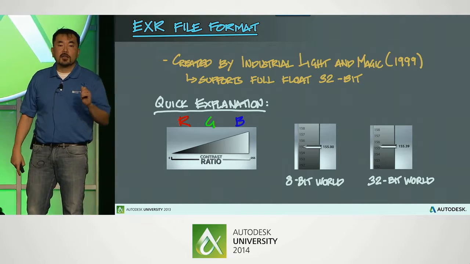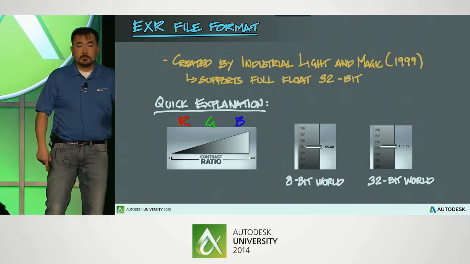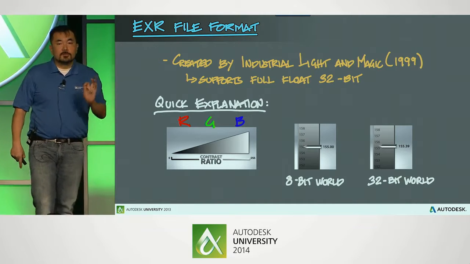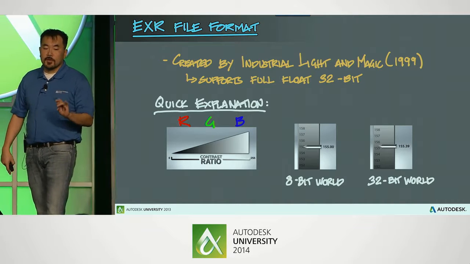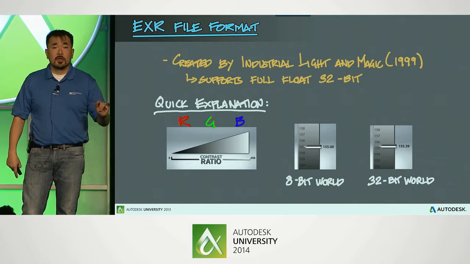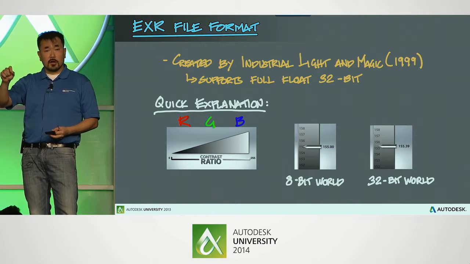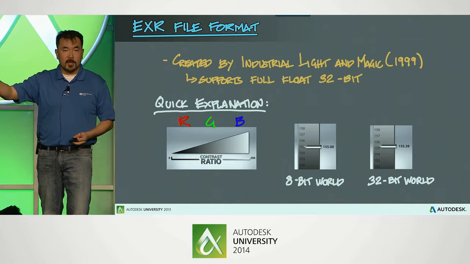The thing about it is, in the 8-bit world, which is typically JPEGs, I can only specify one particular value. So in this example, if I have an R value of 155, that's it. So if I do the brightness contrast, I want to make it brighter, it goes to 156. A little bit more brighter, then it goes 157.